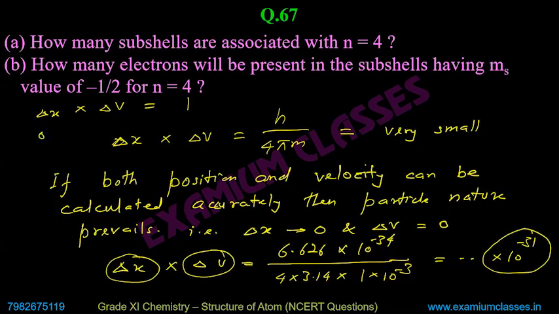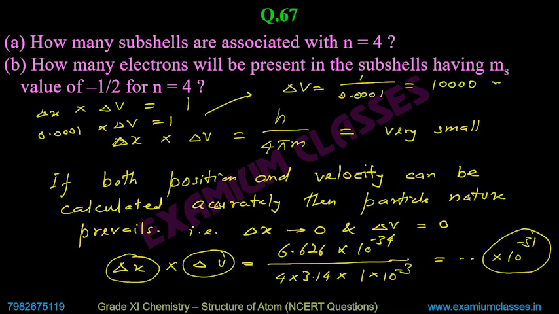If delta x is very small, say 0.001, then delta v will be 1 divided by 0.001, that is 10,000 meter per second. Uncertainty in velocity is that high. Then it will be wave nature.